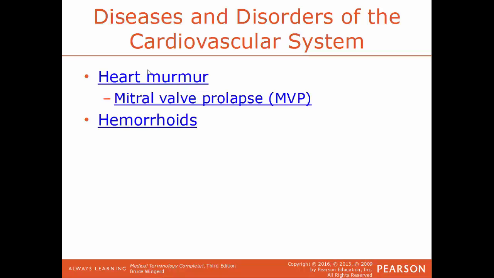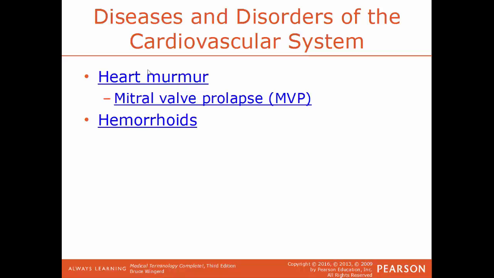And something that would lead to the development of a heart murmur is something called MVP, mitral valve prolapse. The mitral valve is a valve found between the left atrium and the left ventricle, so on the left-hand side of the heart. What happens here is one of the leaflets, or one of the flaps in the valve, has become thickened due to this disease, and it has now become displaced.